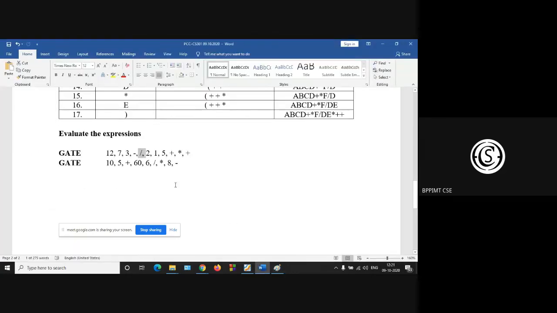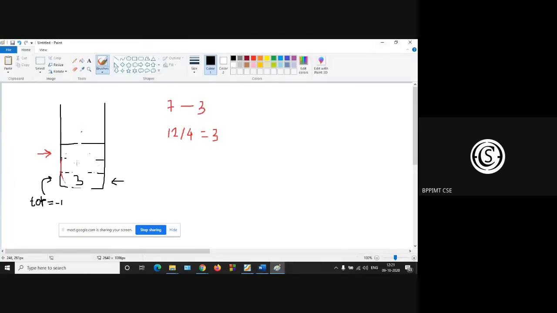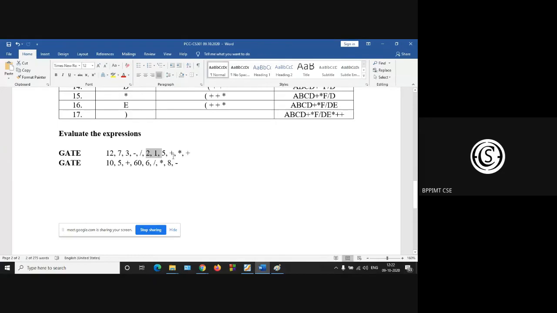What will be the next one? 2 followed by 1 and 5. So next is 2, 1 and 5. So what will be your top? Your top is now pointing to 5. Next is plus.